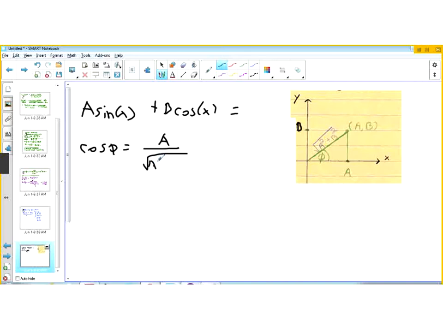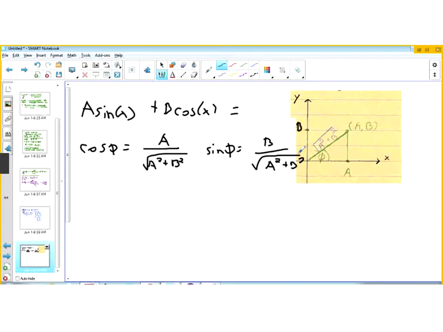From Chapter 3, we know that. And we know the sine of phi is equal to opposite over hypotenuse. Okay, so we have those relationships.